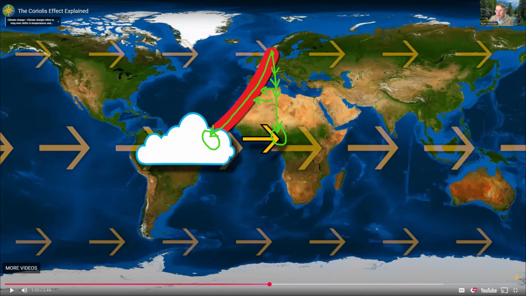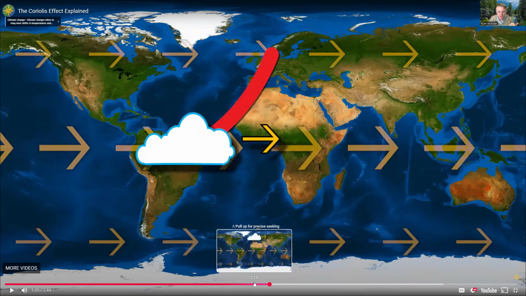Even though I'm drawing arrows that are pointing left, from the perspective of this person walking this way, this would be their right-hand side. It's easier to see on the first cloud moving up, so let's go back to that first cloud moving up again.